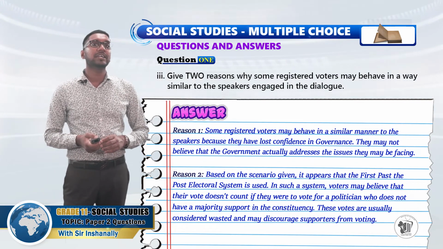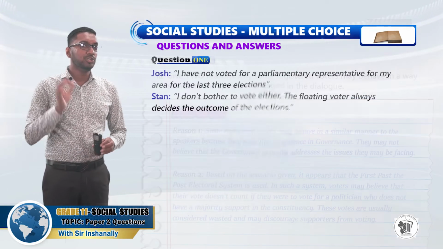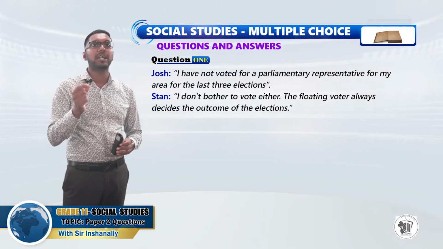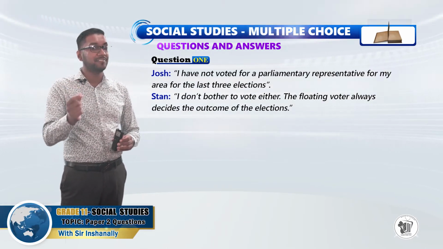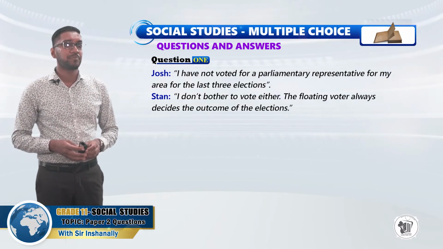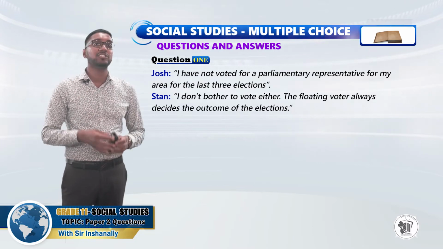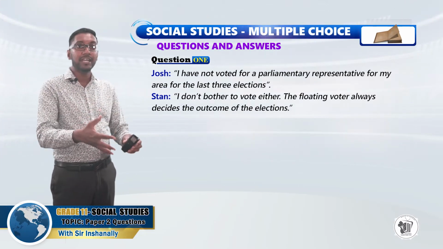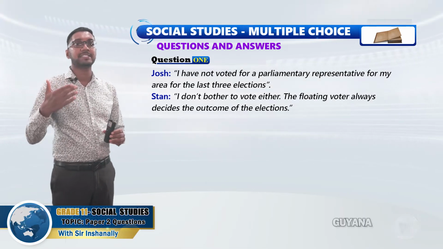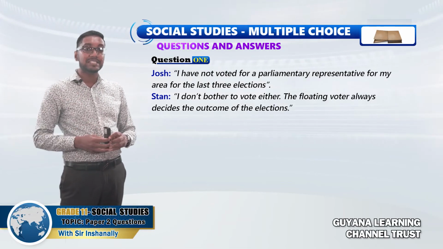Well, let's look at the scenario again. Do you notice that Josh says he has not voted for a parliamentary representative for his area? What do you think that implies? Yes, it tells us that Josh lives in a country, in a territory that uses the first past the post electoral system.